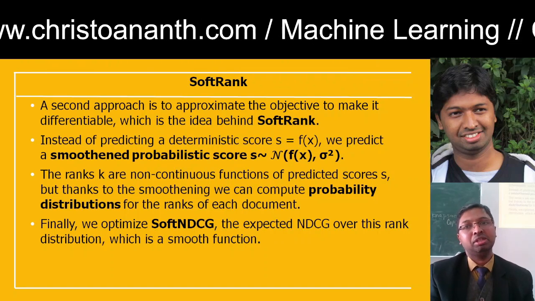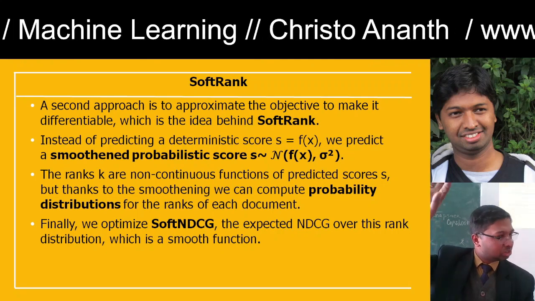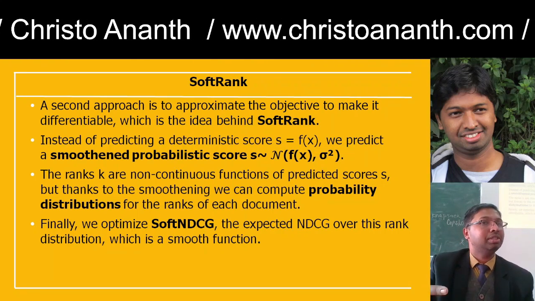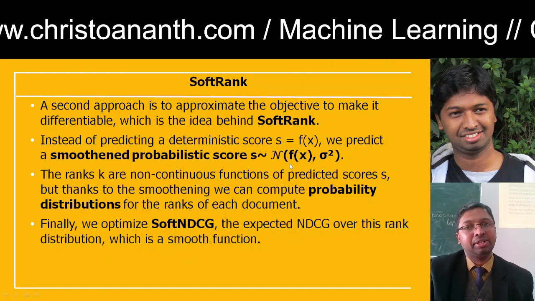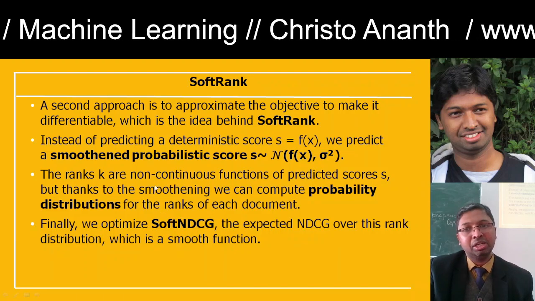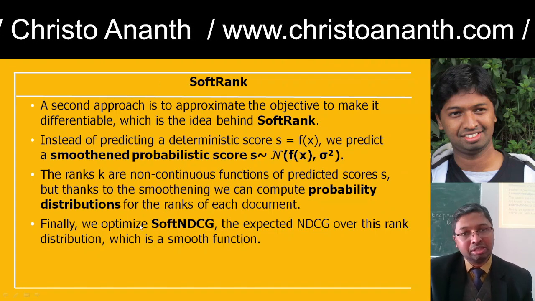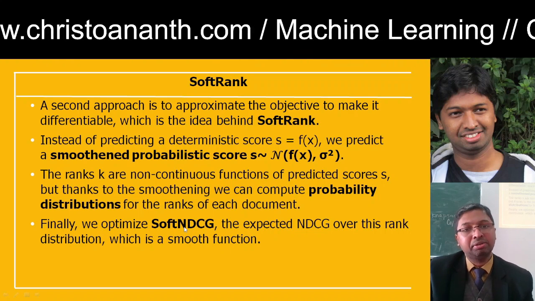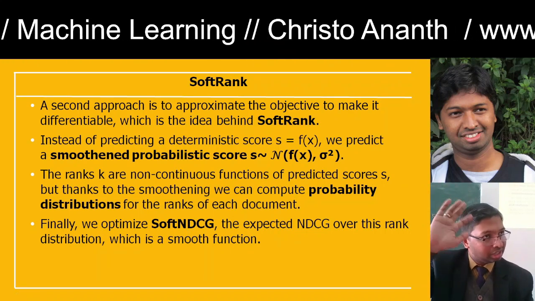Next, you can also go with SoftRank. In the earlier cases it is non-differentiable, but this one is differentiable. You can go with a smoothened probabilistic score. So S is equal to N of f of x, with variance sigma square, so that you have a probability distribution function. Using this soft normalized discounted cumulative gain, you can provide a smooth function over all the previous methods.